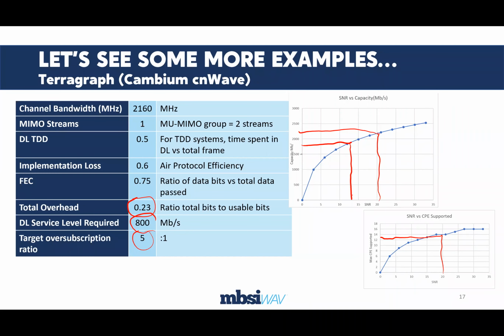But the channel bandwidth you see up in 60 gig is 2.1 gig channel bandwidth in that particular case, and we're only using up to QAM16 in modulation level in order to achieve our values here.